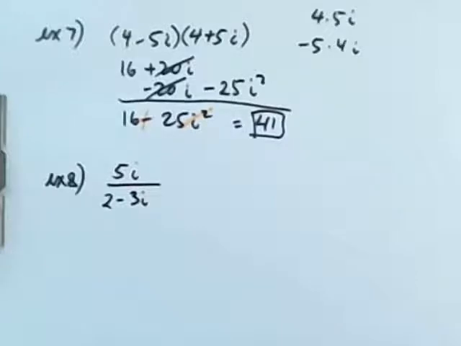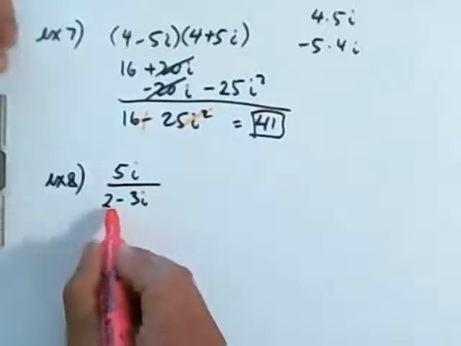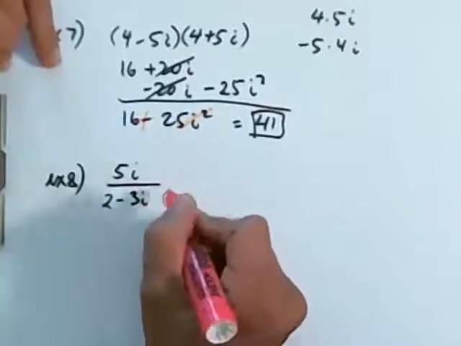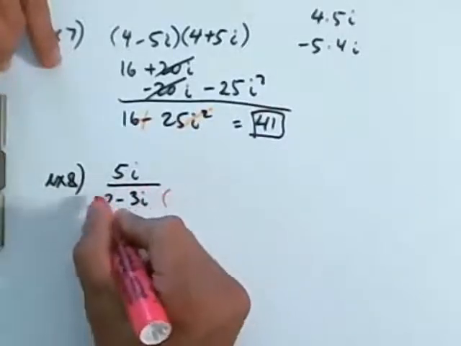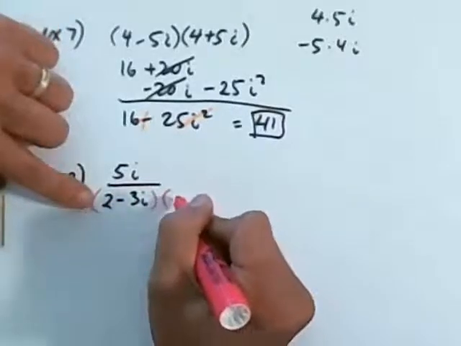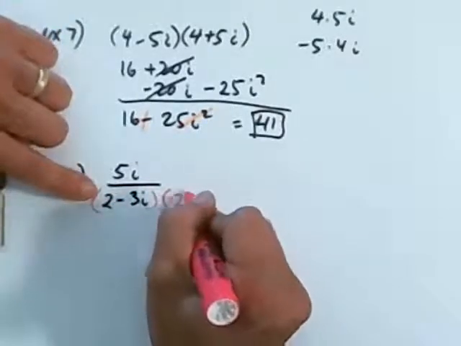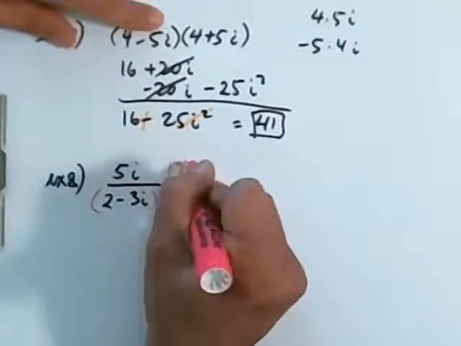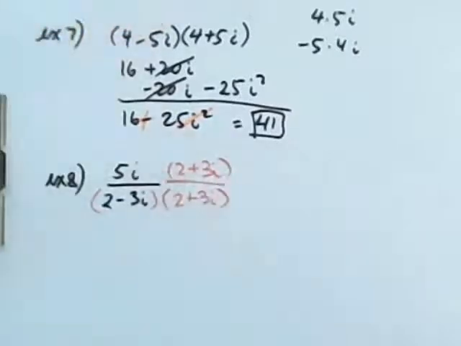When you're rationalizing the denominator, you want to make this a nice integer if you can. If you multiply by just 3i, you have to distribute with that 2, so you end up with an i. Always multiply by its conjugate, 2 plus 3i. That's where the conjugate comes in. 2 plus 3i.